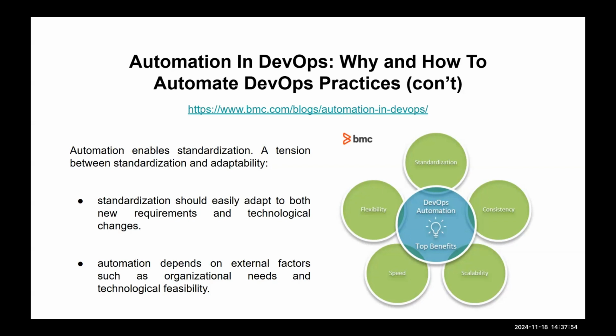Now, there's also this tension between standardization and adaptability. If I standardize a workflow, that means I've automated it, it always works the same, and everyone gets the same output. But of course, you don't want your workflow to always be the same. You want it to adapt to different conditions.